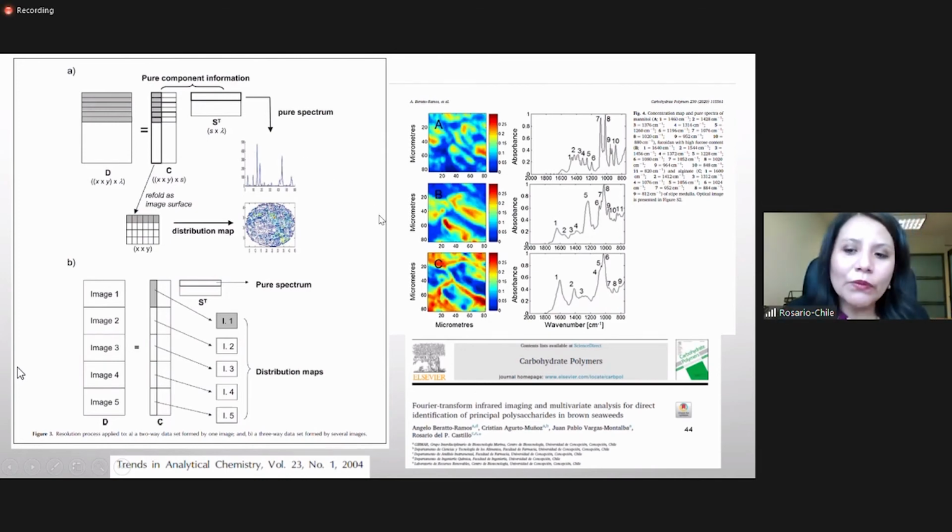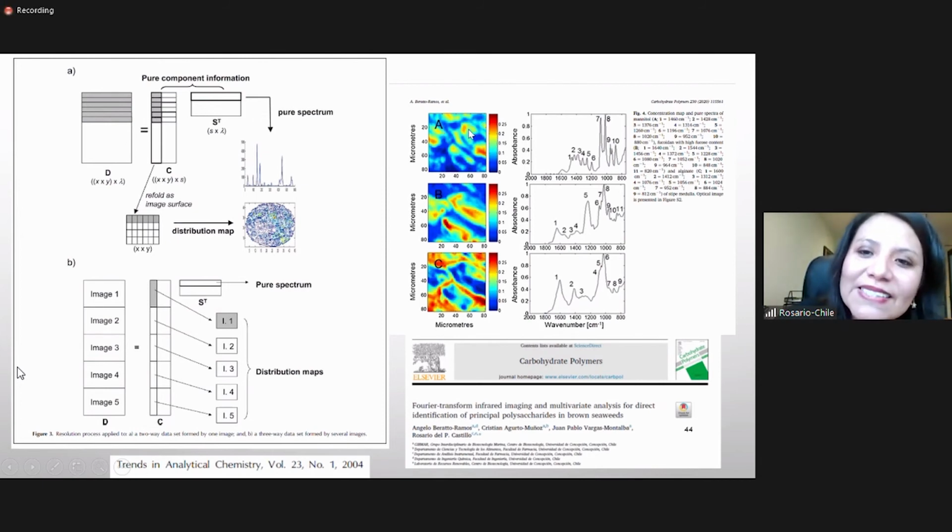So here we have an application of Fourier transform infrared imaging and multivariate analysis for a direct identification of principal polysaccharides in brown seaweeds. Also using, I don't remember, Lessonia or Macrocystis, it's one of them. So I show you here the hyperspectral imaging.